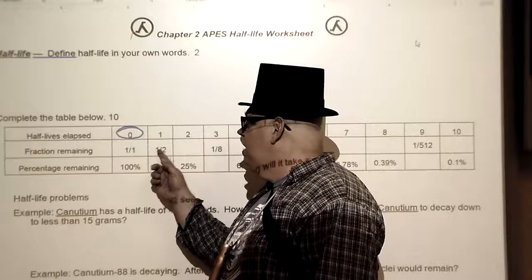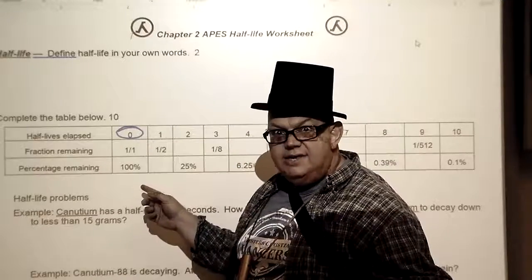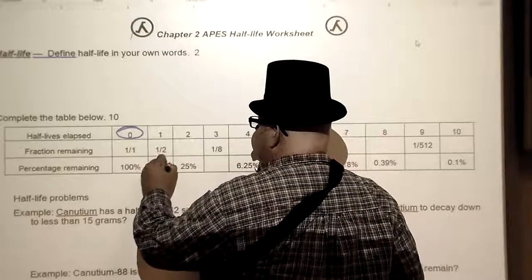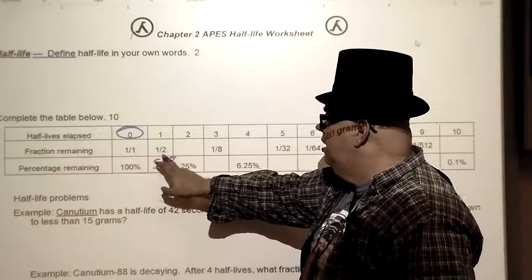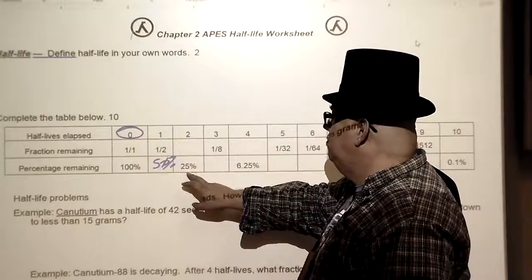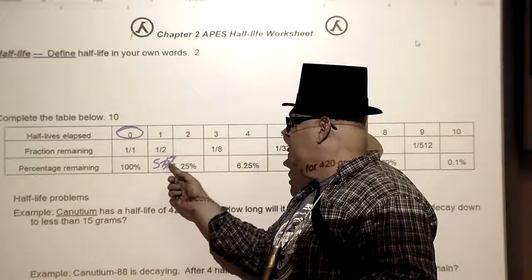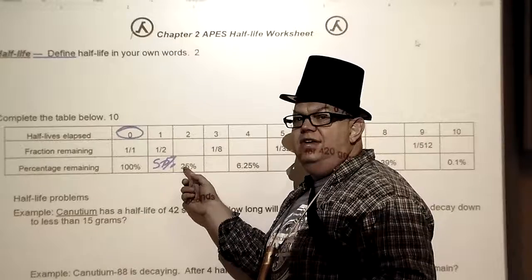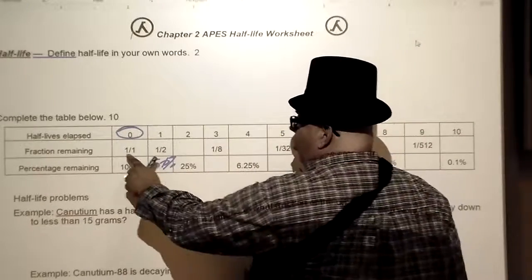You can take 1 divided by 2 times 100. That's it. So you'd have 50% here. Now notice from 100 to 50%, 50% to 25%, it's going down by 1/2 each time. That's the half-life they are talking about.